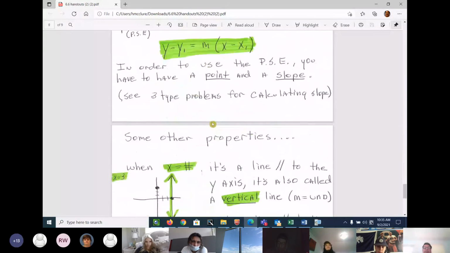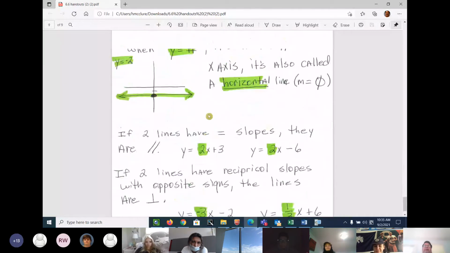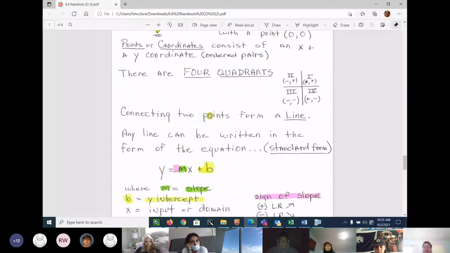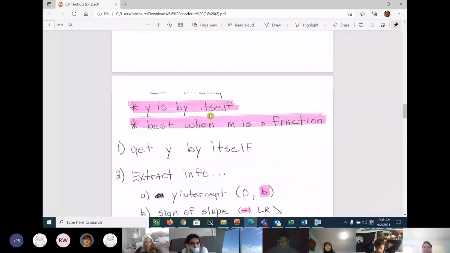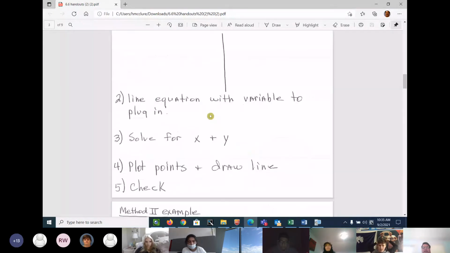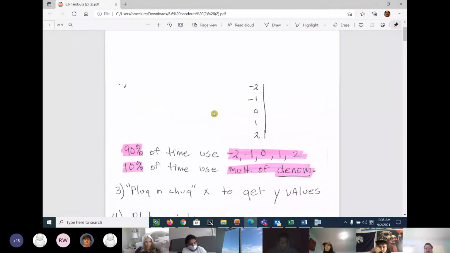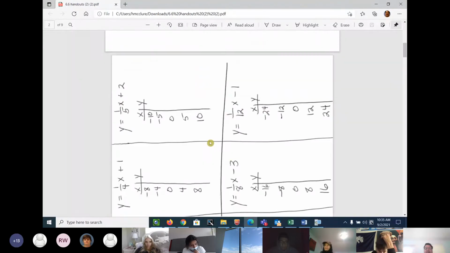Some of y'all probably are younger than this handout. This is from when I first started teaching. That's why I scanned it onto a document, because that's how I had to save it. So it actually goes through and shows you the 3 different methods of graphing.